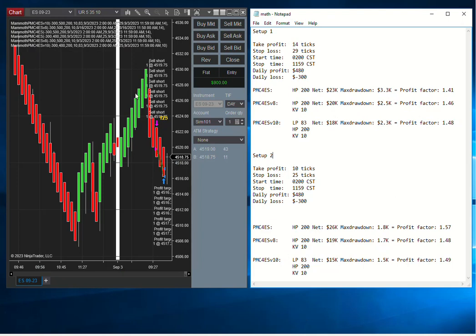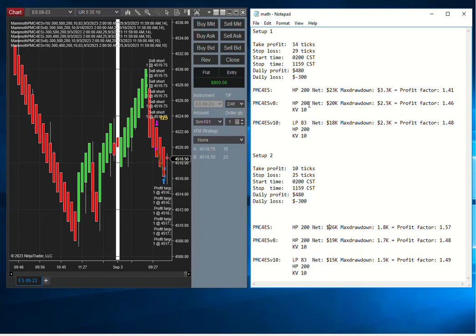You can combine the PMC 4ES setup 2 with PMC 4ES version 8 setup 1. We have 20K here. And PMC 4ES version 10 setup 2. Okay, so you combine these three.